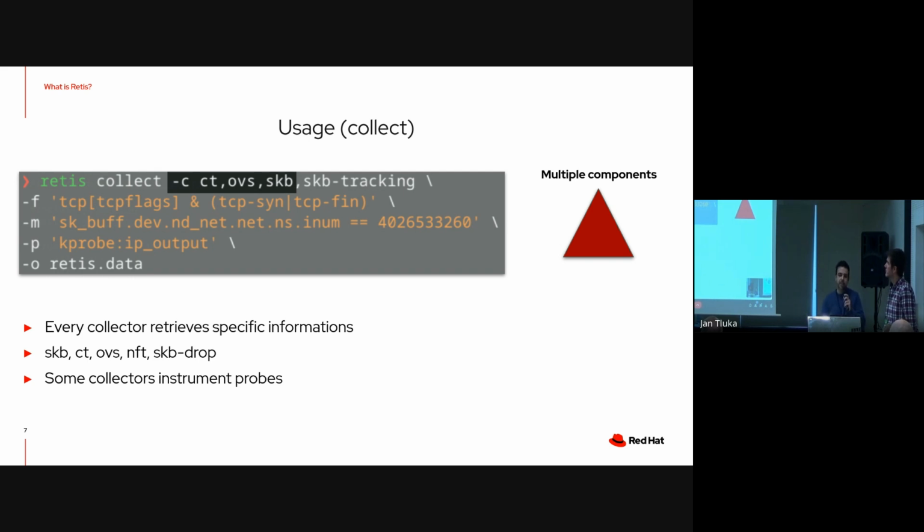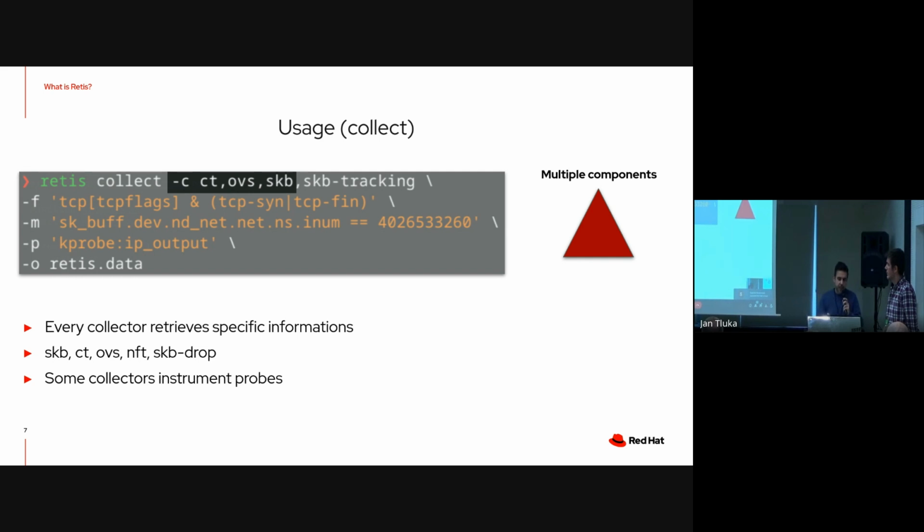If there is an NFCT locally cached in an SKB, it's capable of retrieving that kind of information: original direction, reply direction, zone, the CT state, the protocol state, and so forth. Of course, some collectors install automatic probes, some others don't. This is the case of the SKB collector. It doesn't do that, but others do.